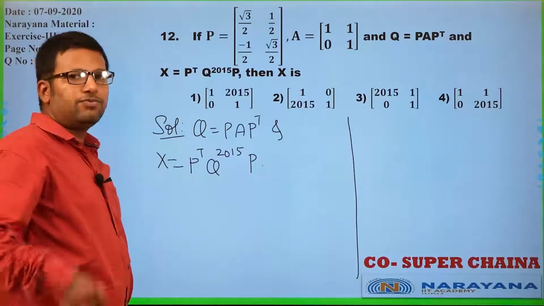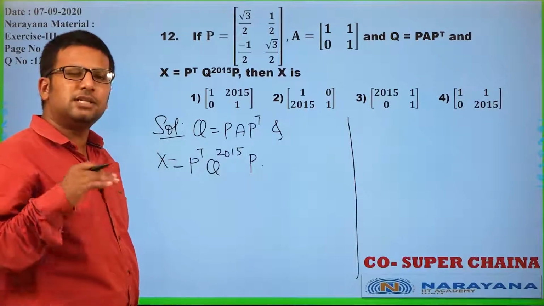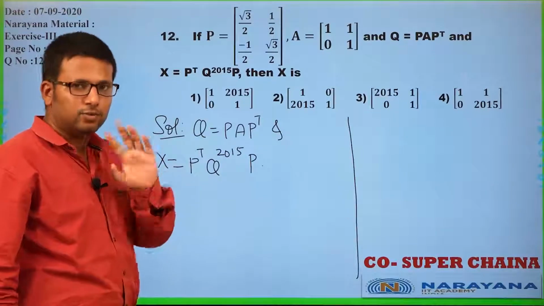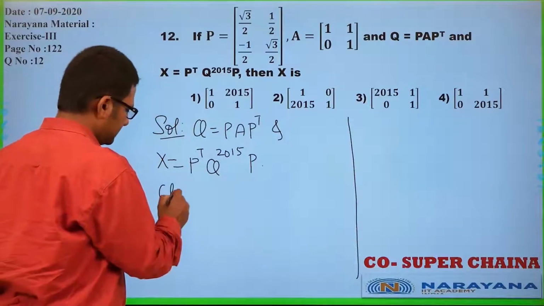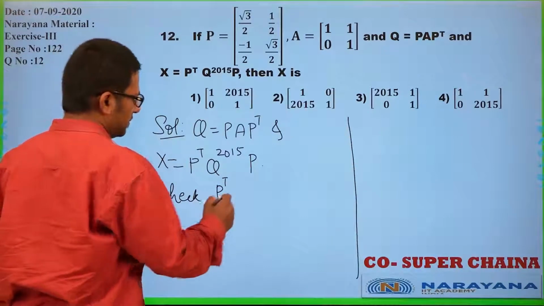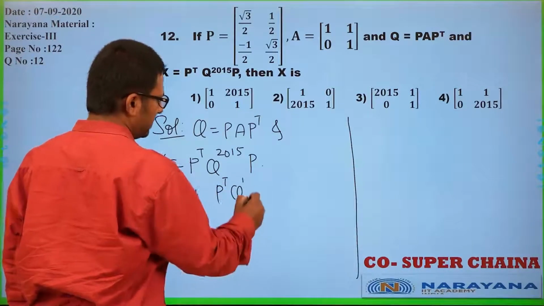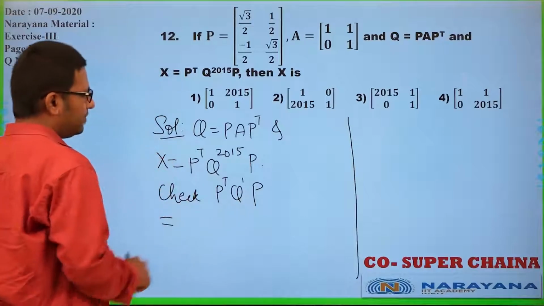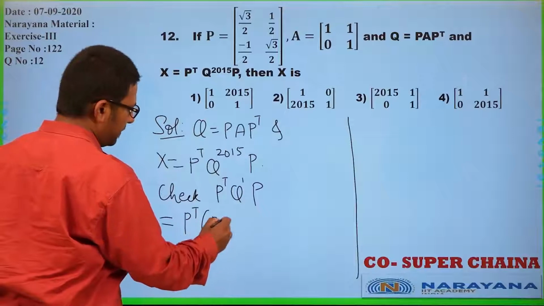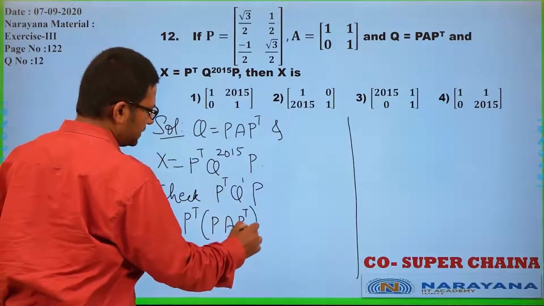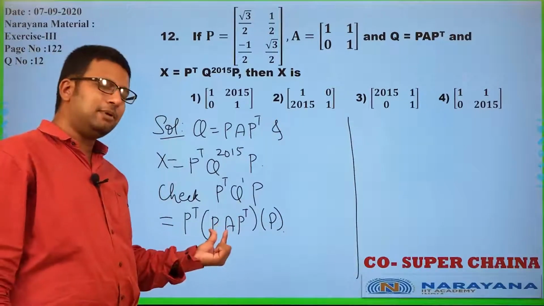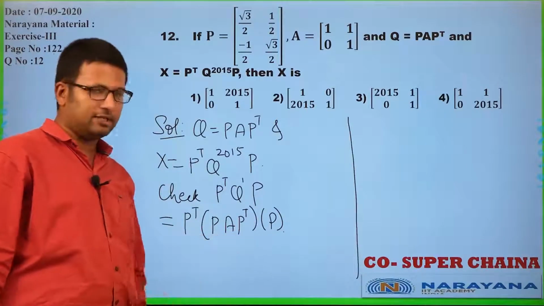Okay. Now, for our convenience, let us just imagine if instead of the power of 2015, the power is 1. Alright. So, we will say P transpose Q raised to 1 P. What would that be? Right, that would be P transpose into PAP transpose into P. Do you see that there is A in between and P transpose P on both sides?